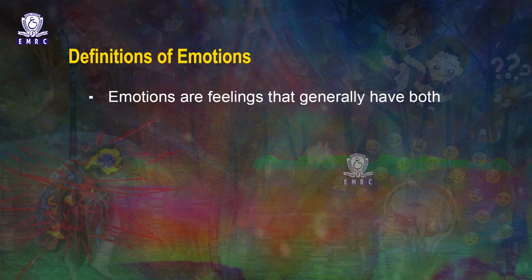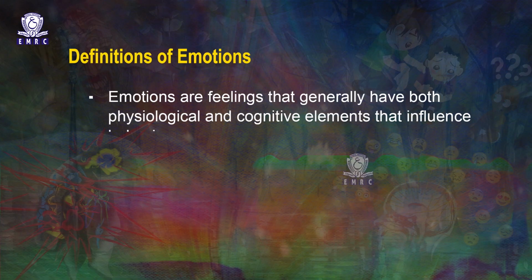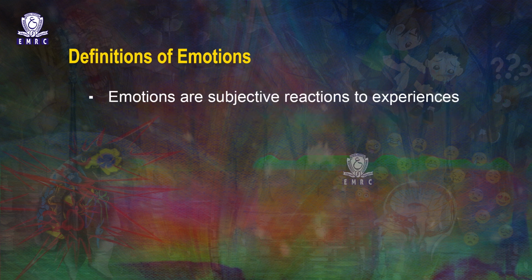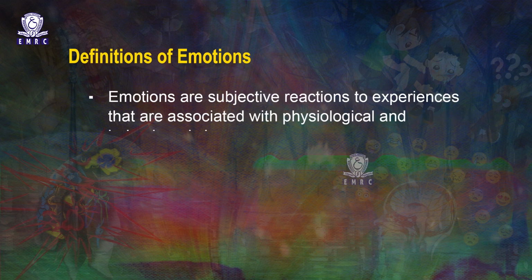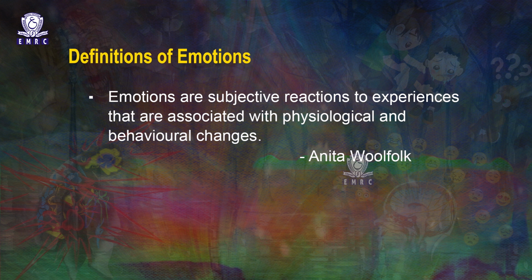Now, let us look at some of the definitions of emotions. According to Feldman, emotions are feelings that generally have both physiological and cognitive elements that influence behavior. According to Anita Woolfolk, emotions are subjective reactions to experiences that are associated with physiological and behavioral changes.